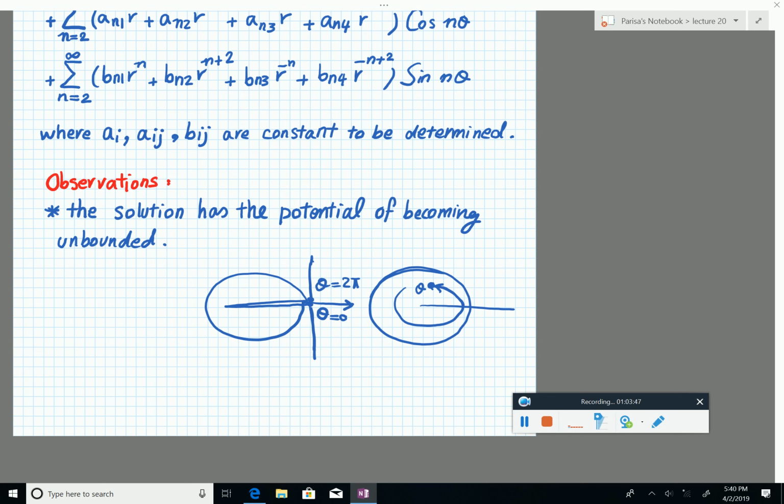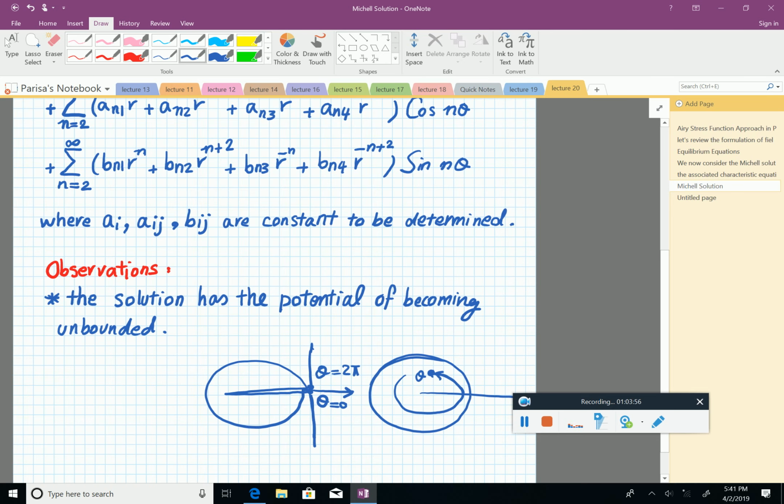Okay, so let's start with the axisymmetric case. We still have 10 minutes, so we can get started with the first set of solutions for the axisymmetric problem.